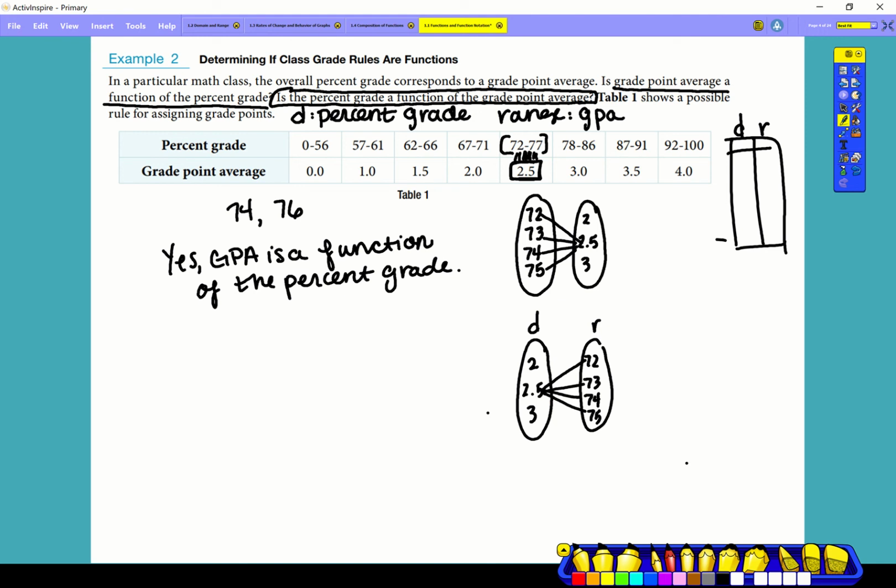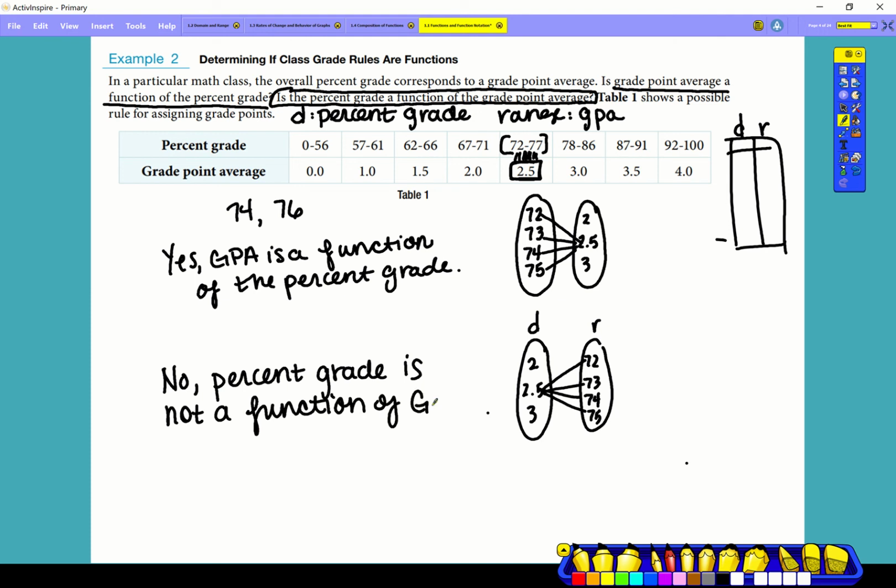So looking back at your notes, is this a function? Does each input have exactly one output? No, it does not, because our input can take on any value in that range, which is not a function. Percent grade is not a function of GPA. Not at all.